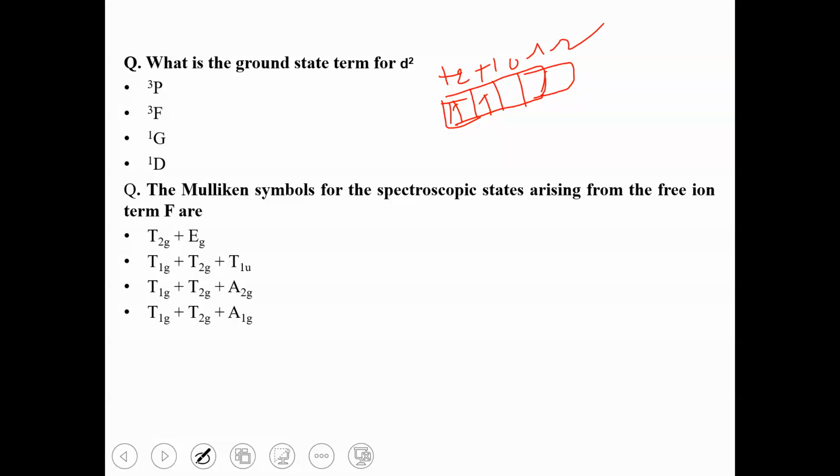It will be 3. And if you calculate the value of L, that will be 2 plus 1, that is 3. If I write out S, P, D, F, it is 3F, the ground state term.